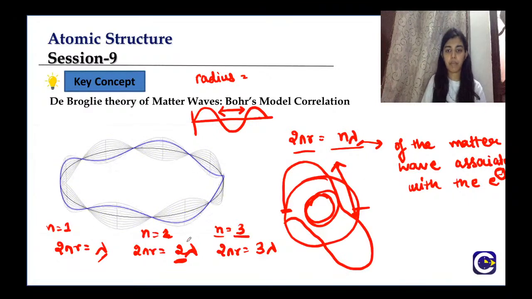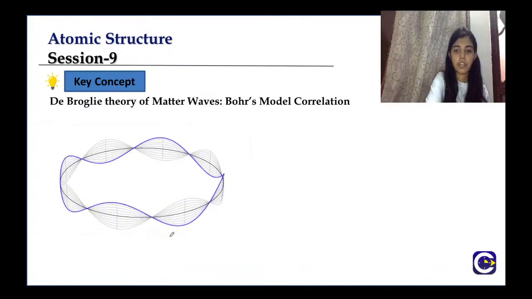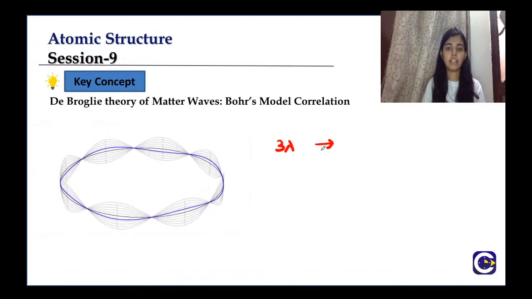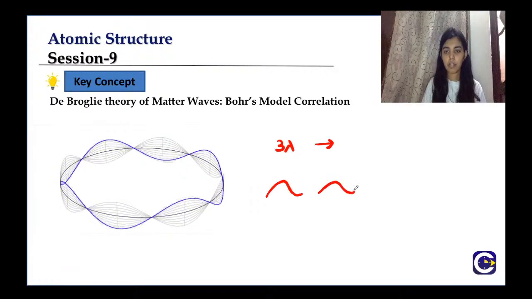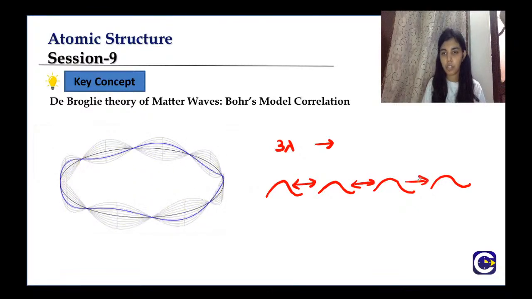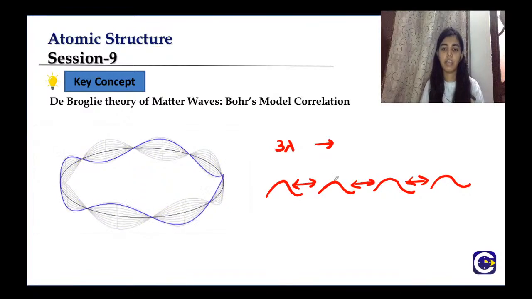So 2 lambda, right? Next, if you are considering 3 lambda, let us say, it will have 3 wavelengths, that means one crest, yeah, so it will consist of 1, 2, 3, 4 crests, right?